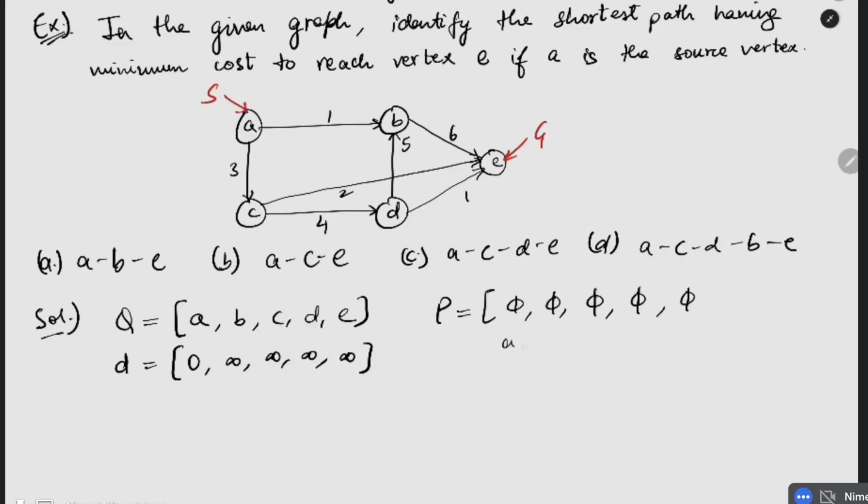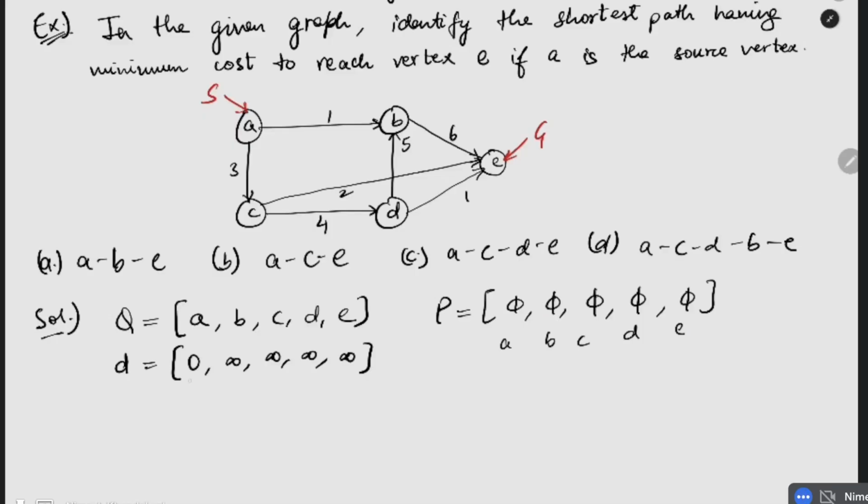So for A, B, C, D, E. And this array P contains the parents in the shortest path for every vertex. And we'll see how we get there.